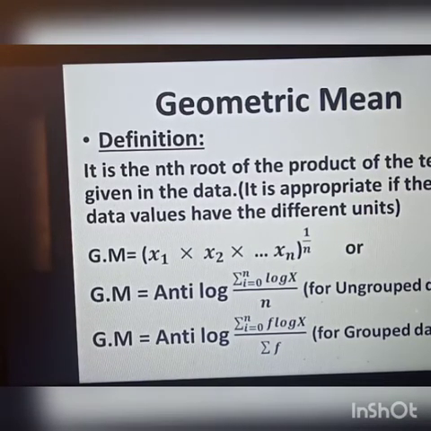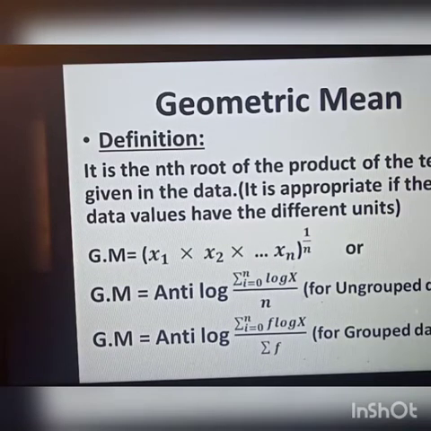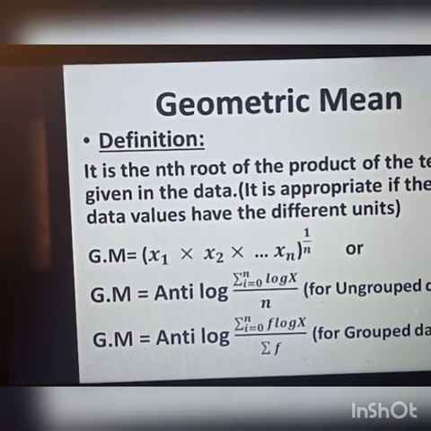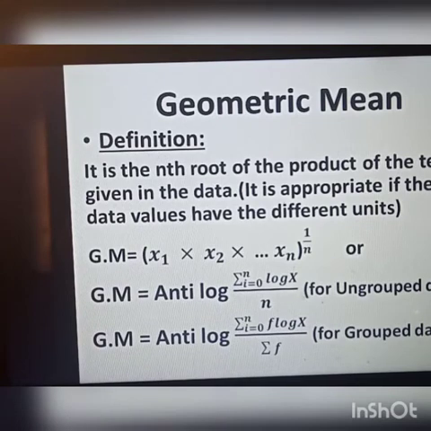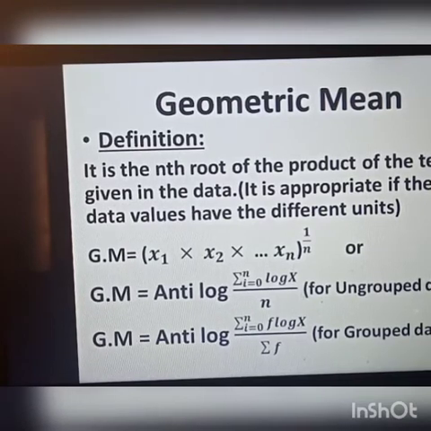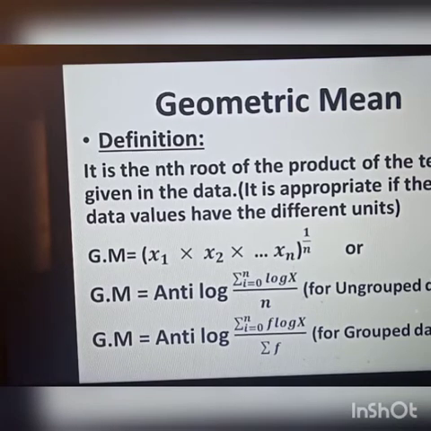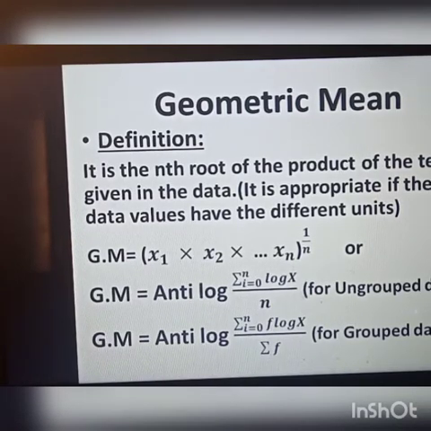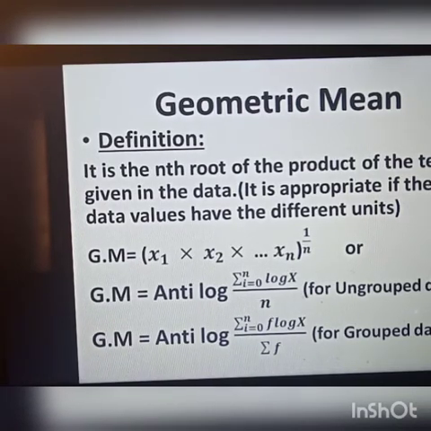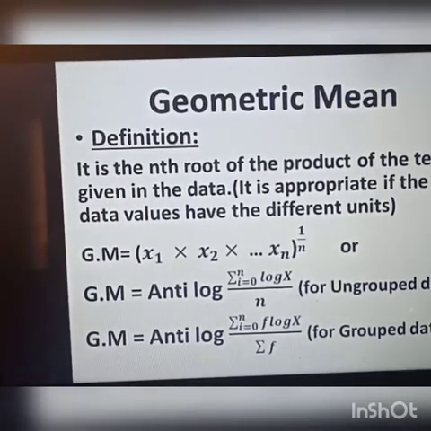As I told you about the arithmetic mean, the difference is just the frequency here. So whatever the value of log of x is there, f will be multiplied with it, and instead of n, the sum of f will be involved here. How to solve questions for these formulas, I will give you further examples after these slides, so that will be more clear to you.